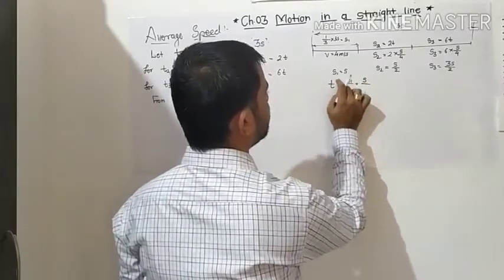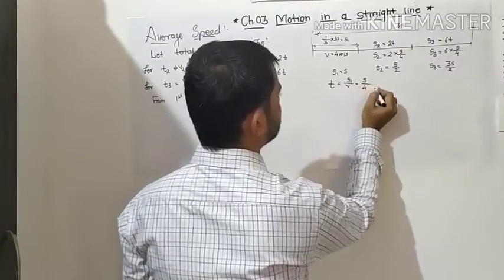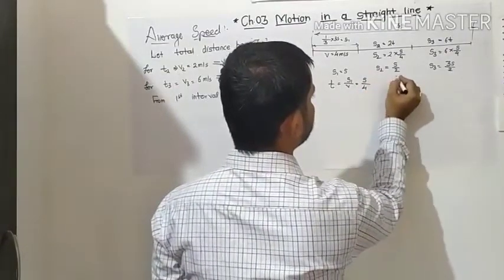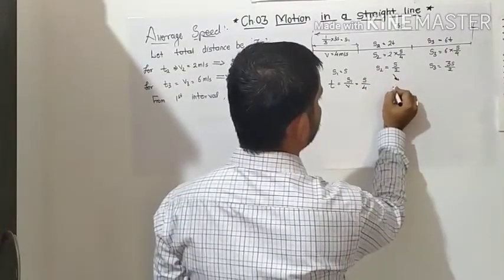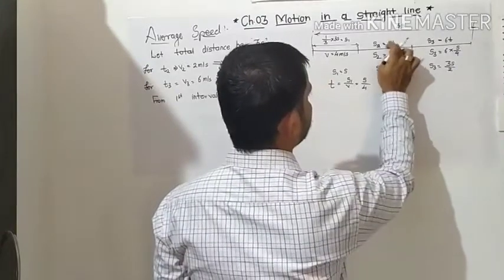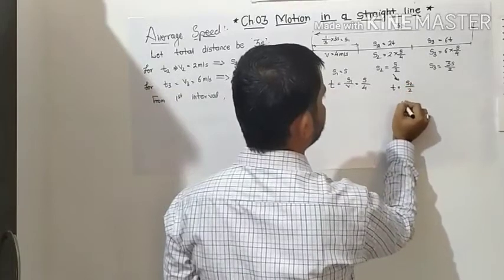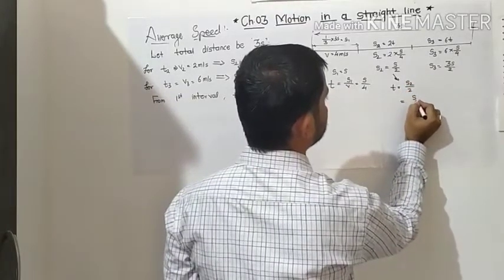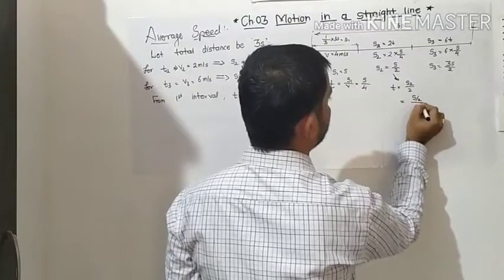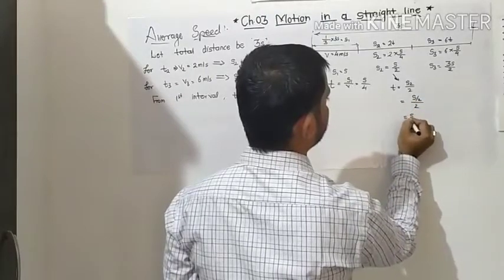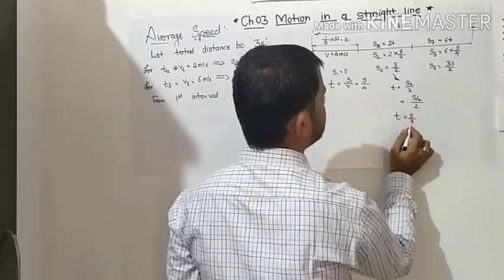S1 is s, and v is 4 meter per second. We have S2 equal to 2t, so t is equal to S2 upon 2, so it will be equal to s upon 2 upon 2, that is s upon 4. Okay, t is equal to s upon 4.